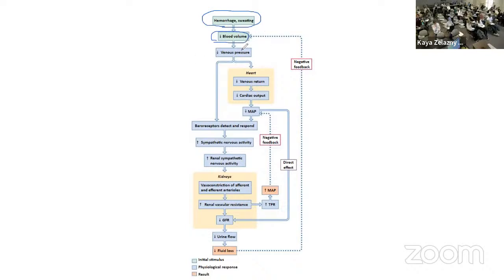If we see a decrease in blood volume, our overall venous pressure goes down, so the pressure in the veins, meaning that we have less blood coming back to the heart, so less venous return, meaning we have a lower cardiac output, so less blood being pumped out to your body, which means you have a drop in MAP, so a drop in blood pressure, essentially, okay?